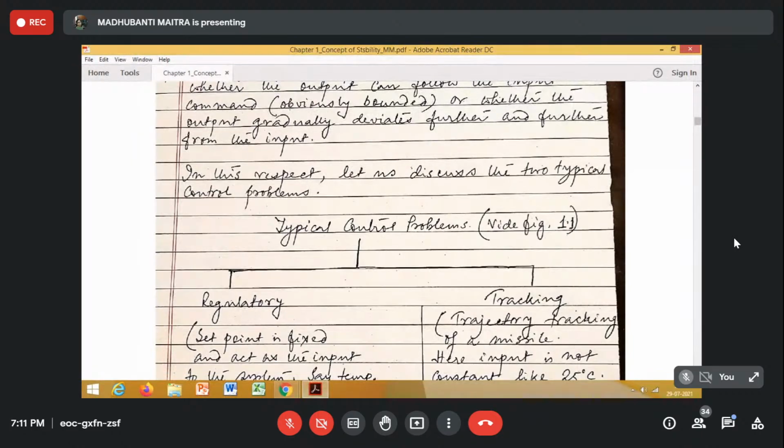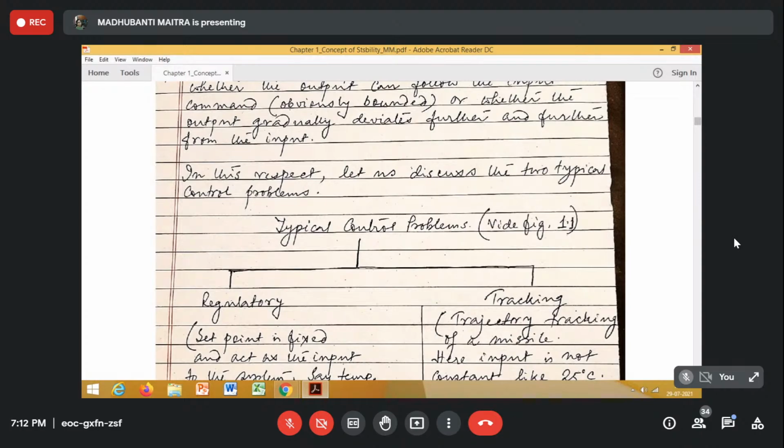So, let's take one example. I guess if you consider the example, then it will be easier for us to understand what a regulatory kind of control problem is. Suppose you want to control the temperature of a room. Say you want to maintain the temperature of a room at 25 degrees centigrade, right?